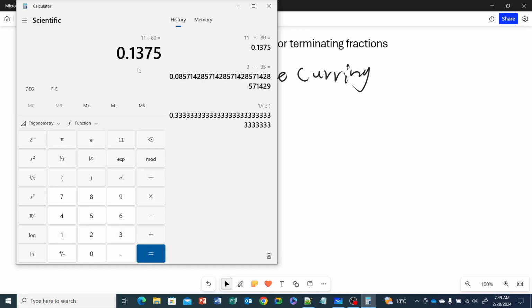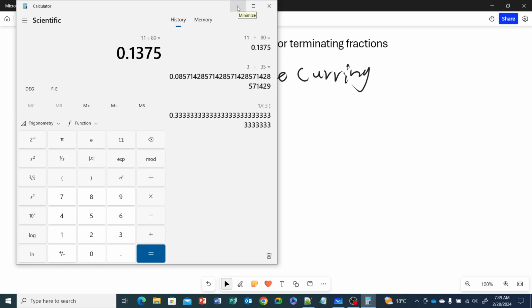So this fraction is 0.1375, just like that. So this fraction is terminating. Can you see now? 0.1375. It doesn't proceed beyond that. So we say a fraction like this is terminating.